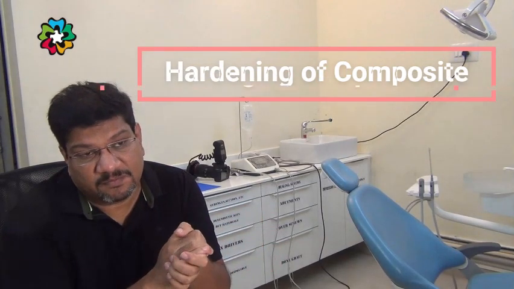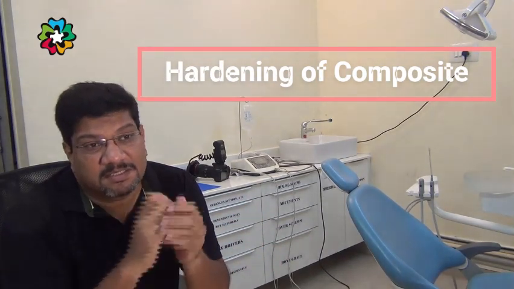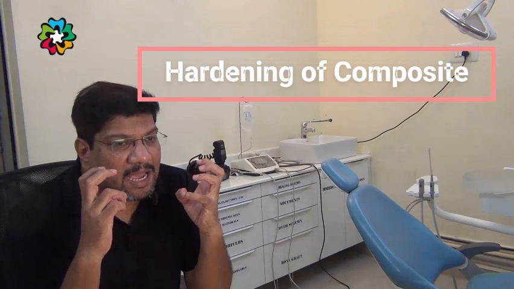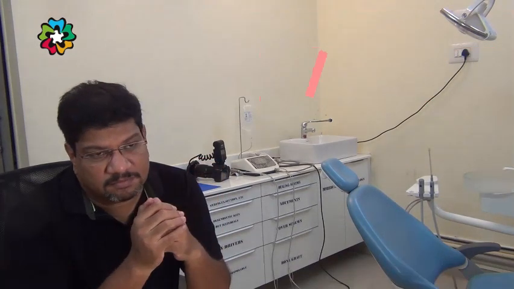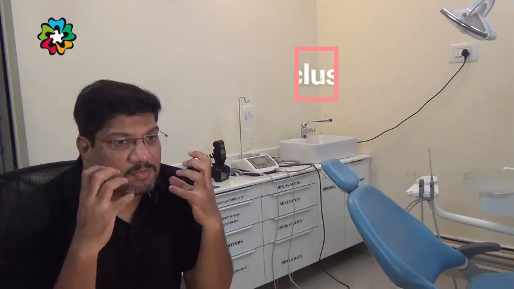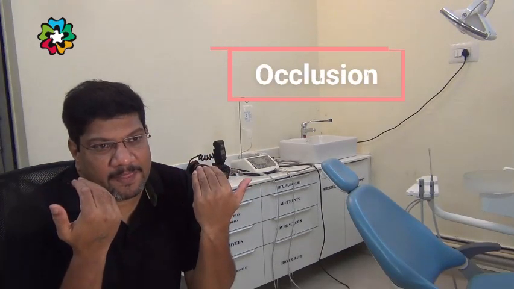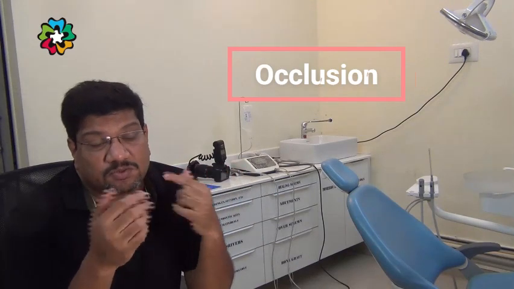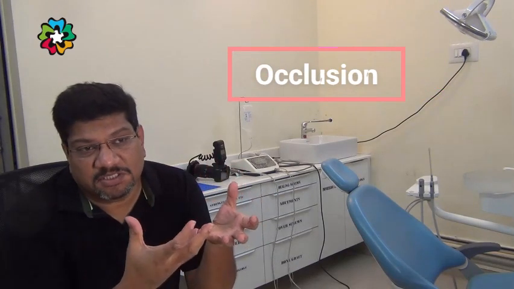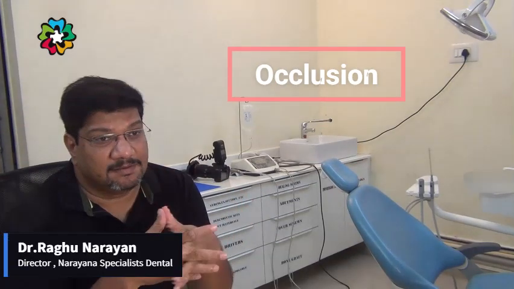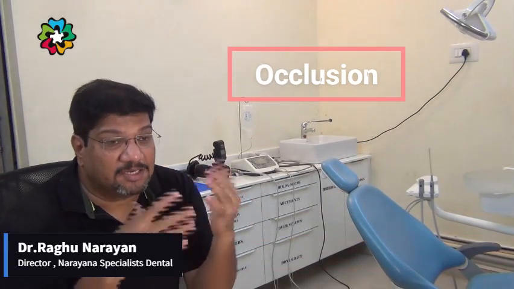Then comes the interesting part, that is we ask the patient to bite and check for the occlusion. What is occlusion? Occlusion is basically when you close your mouth, it should feel as if all the teeth are in contact. It should not be that only the tooth which has undergone a filling or restoration feels high, or only that tooth is in contact while the other teeth are not.